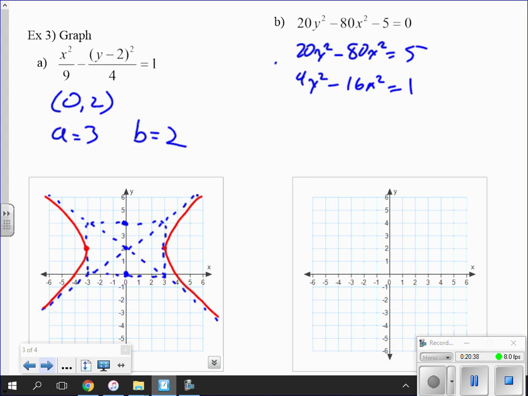This is the same thing as y squared over 1/4 minus x squared over 1/16 is equal to 1. Oh, you know that's on tape, right?